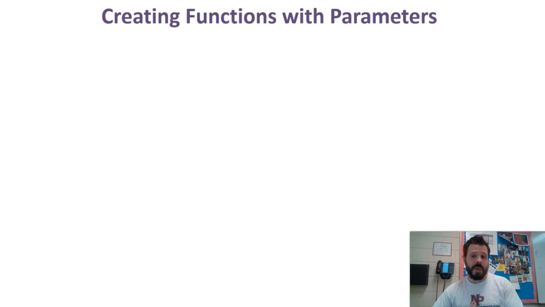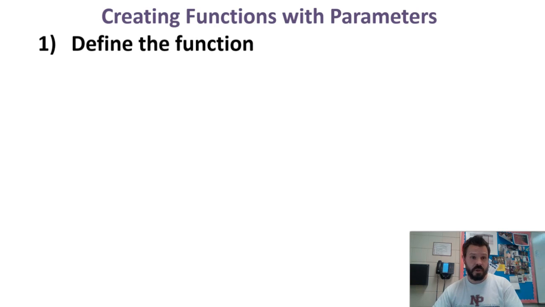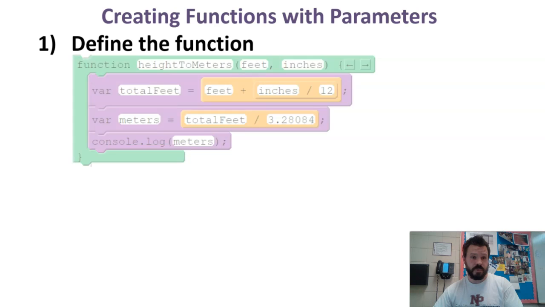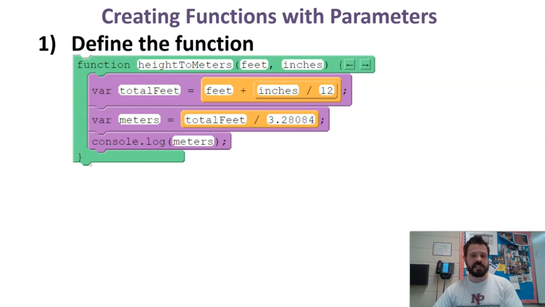When it comes time to make a function with parameters, our steps are basically the same as with regular functions. We define the function. For example, let's make a function called heightToMeters. I want to make a function that takes a height in feet and inches and converts it to meters. So my two parameters would be feet and inches.